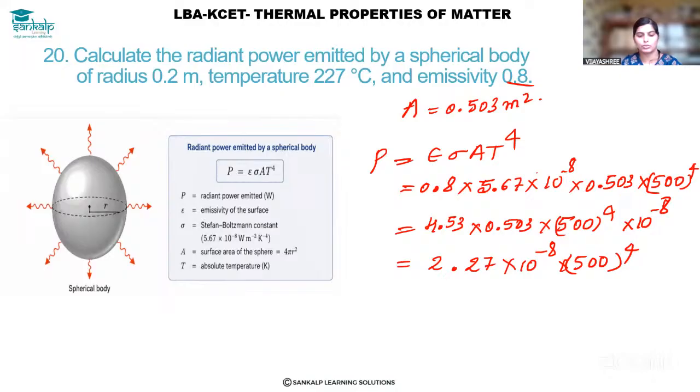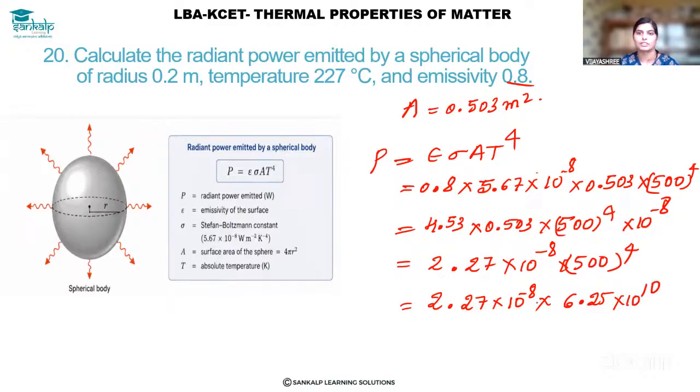500 to the power 4, how much is it? Which is equal to 6.25 into 10 to the power 10. You can calculate this.